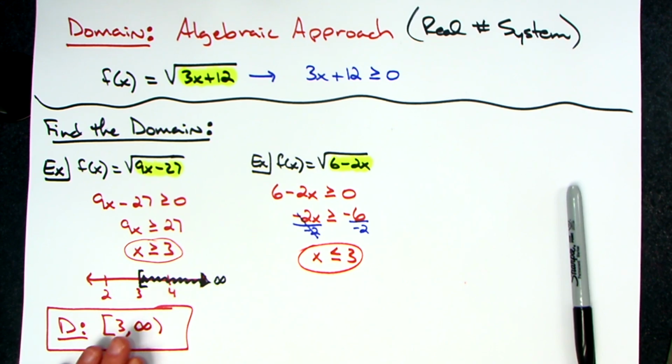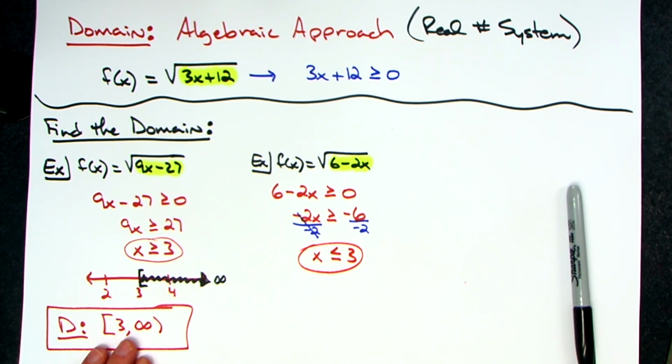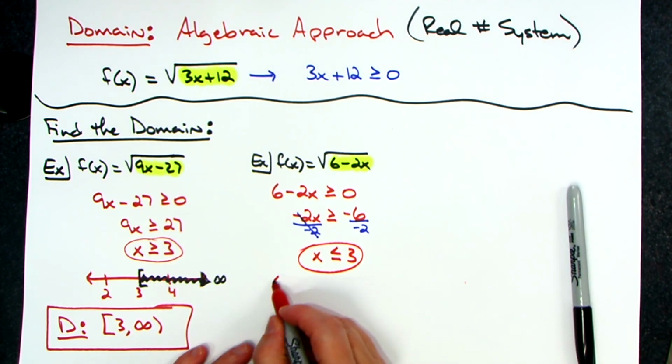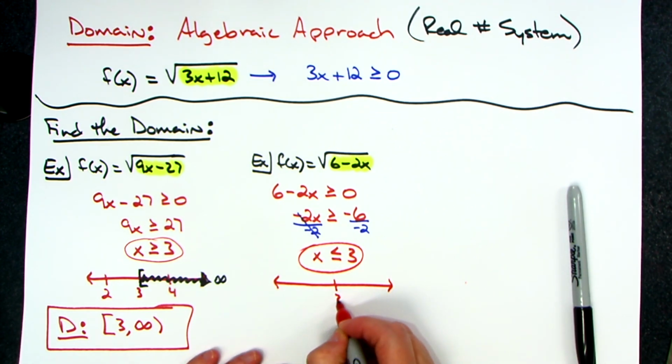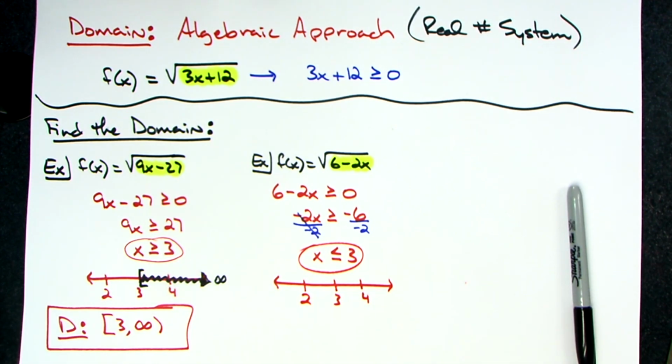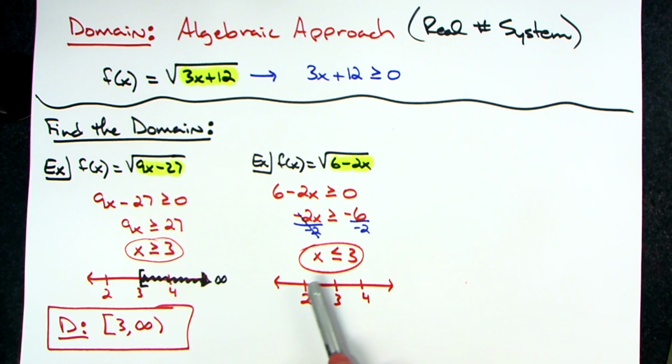That's why I'm saying your domains will not always look like a square bracket, a number, and then to positive infinity. Because if I do the same process and I put this on a number line, I put my 3 there in the middle, we know 4 would be over here, we know 2 would be over here. All right, greater than or equal to, I'm going to have a square bracket, but if I read this left to right, x is less than or equal to 3. So where are the numbers that are less than?